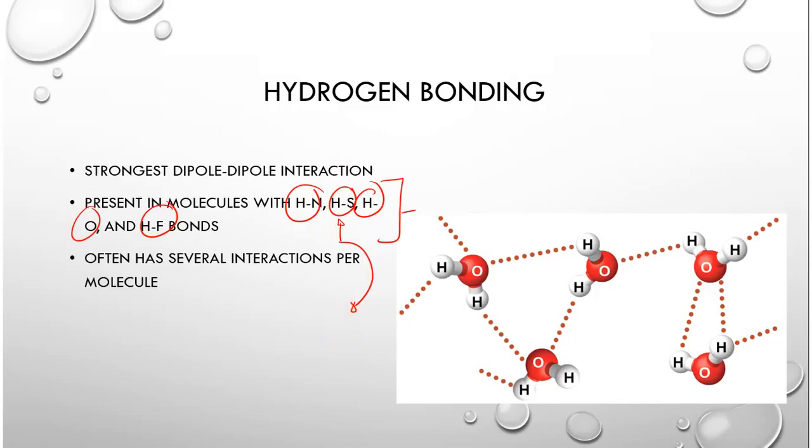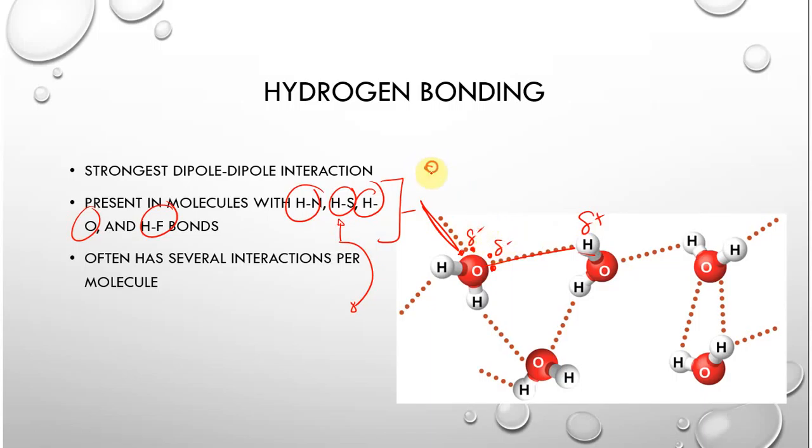Now, the other thing that makes hydrogen bonding so strong is that not only do you have this permanent dipole, and it's a big dipole because of the electronegativity differences here, but you can have several interactions per molecule. And so the lone pair here and the lone pair here on this hydrogen can interact with different molecules. The hydrogen partial positive of this goes to the partial negative of the oxygen.